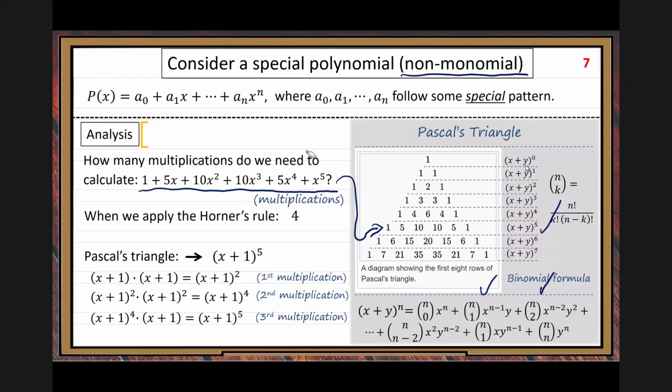If we take advantage of the special structure, Pascal's triangle, and you can identify it, then you can save a certain number of multiplications.